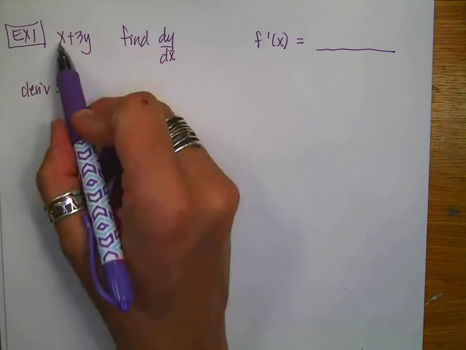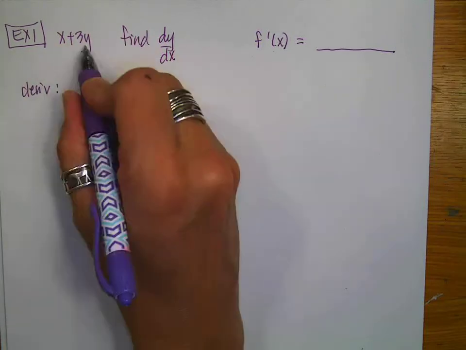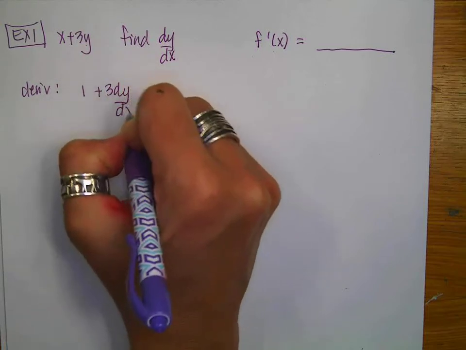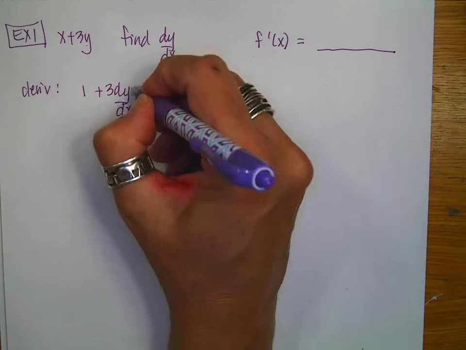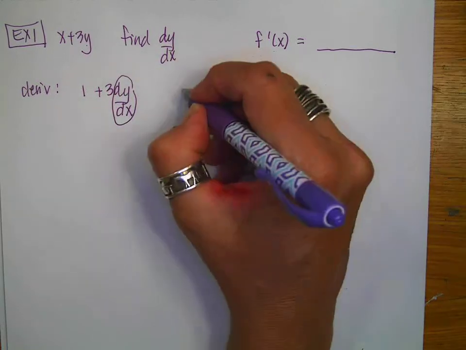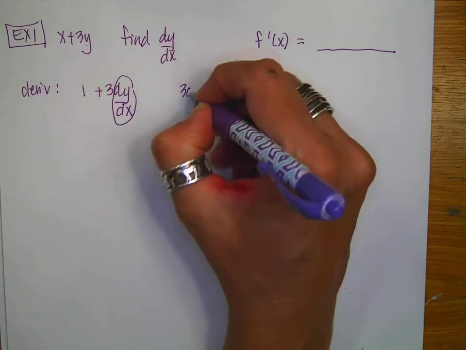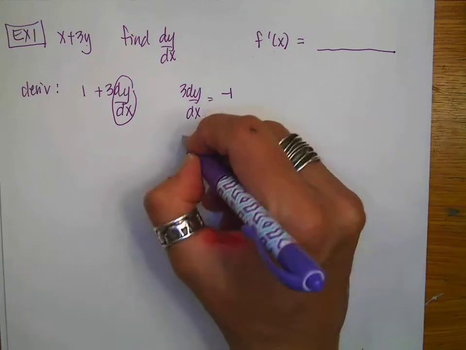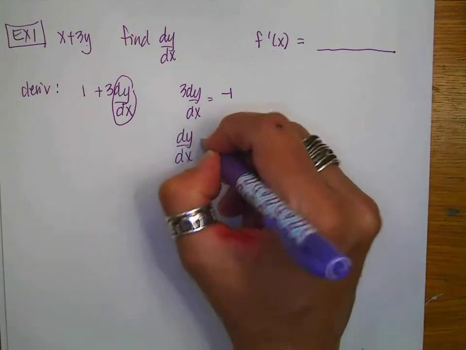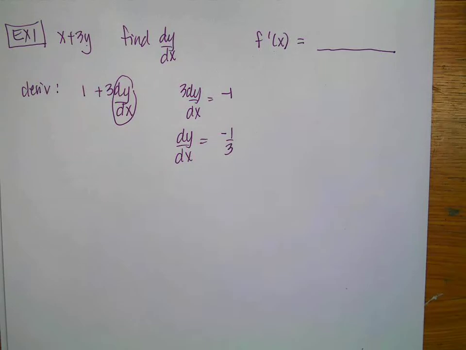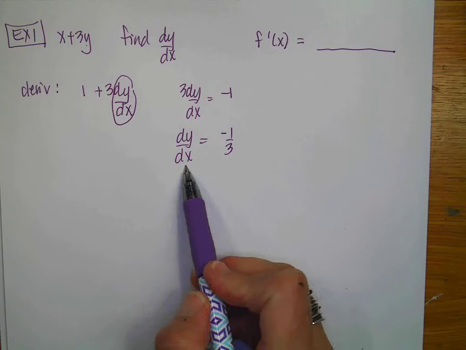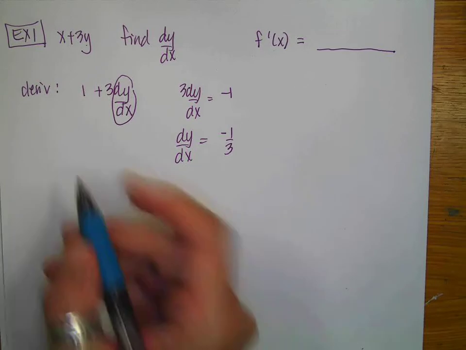And that's just my own notation. Well, the derivative of x is 1. The derivative of 3y is 3 dy dx, okay? But if I'm trying to find dy dx, then I would separate or isolate, so I would get 3 dy dx is a negative 1, and then if I solve for dy dx, I would get a negative 1/3. And that would be the derivative of this equation of y with respect to x, okay?